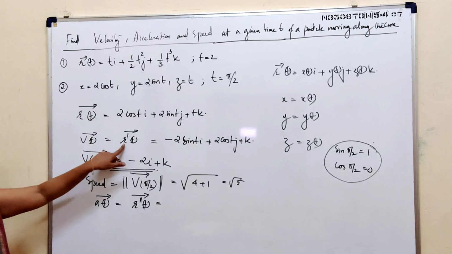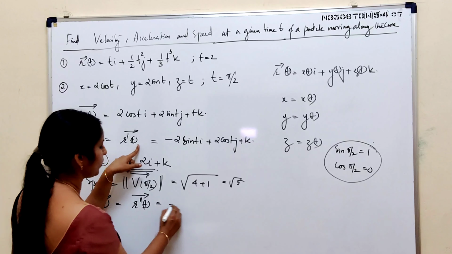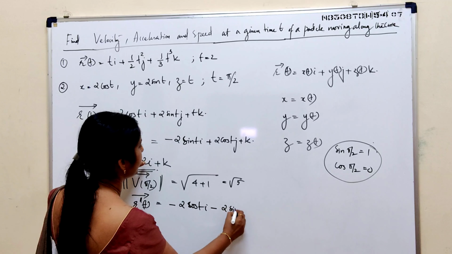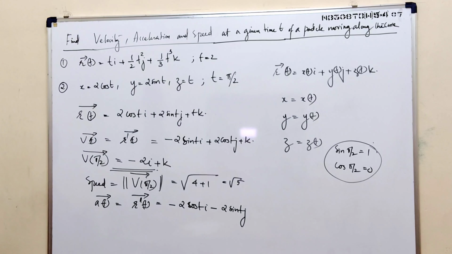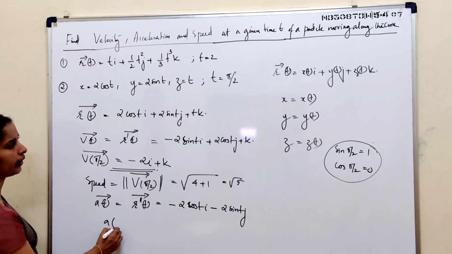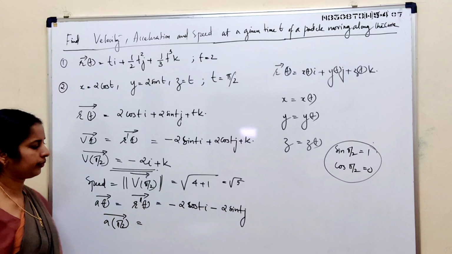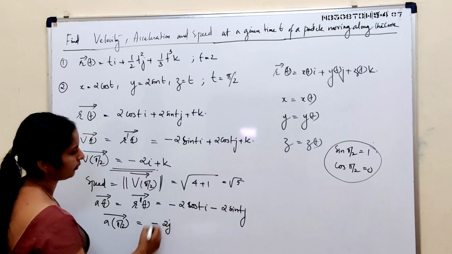We have r'(t), so you again differentiate this with respect to t, and it is minus 2 cos t i minus 2 sin t j. This is acceleration. Next, acceleration when t is equal to π/2. You put t equal to π/2 here, and it is minus 2j.